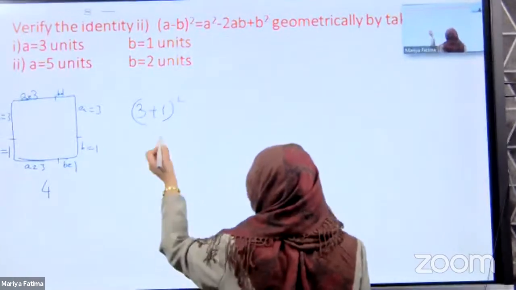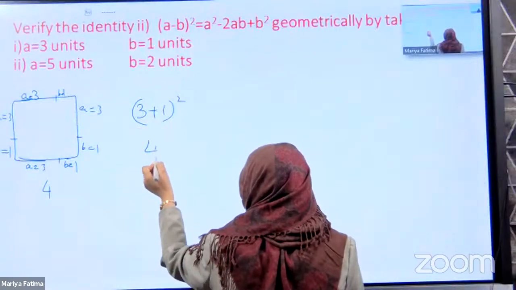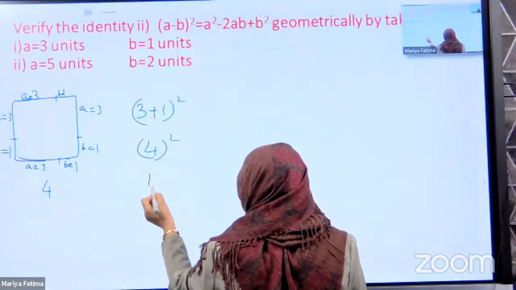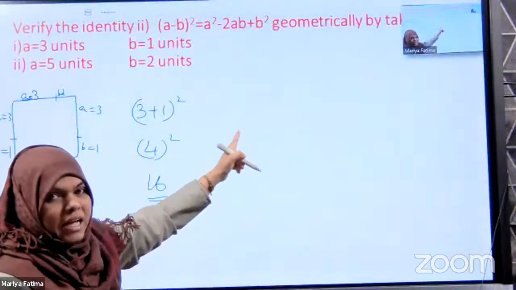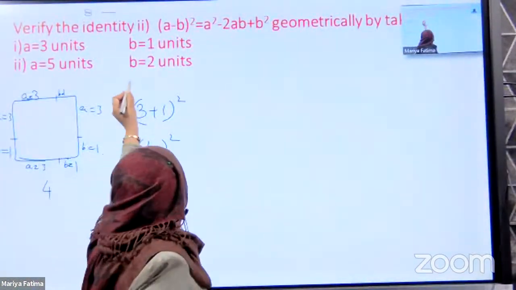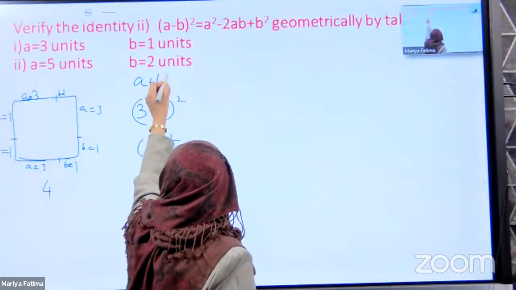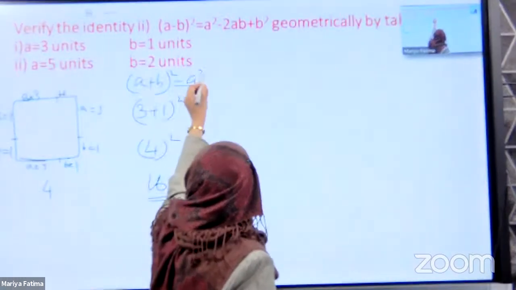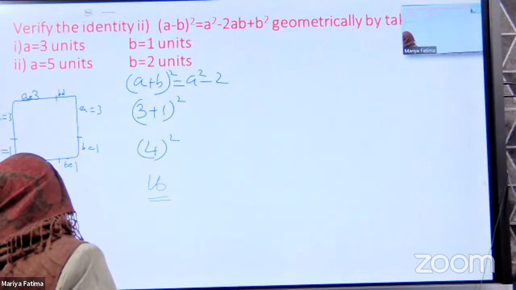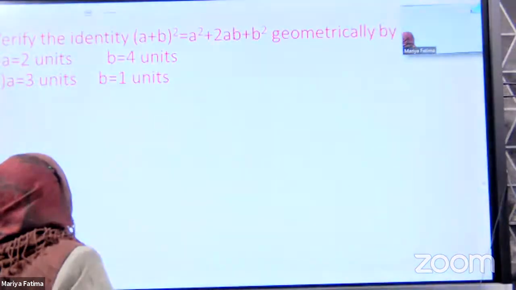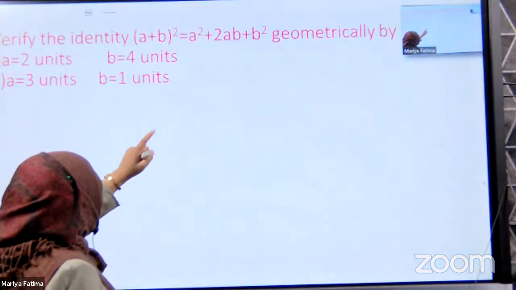This is your LHS. Now 3 plus 1 whole square means 4 whole square. 4 4s are 16, you got in LHS. Now we have to prove the RHS. In RHS, what we have to do? A plus B whole square is equal to A square minus, that was A minus B whole square.